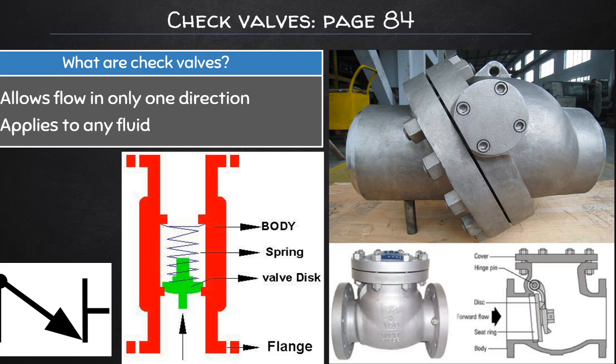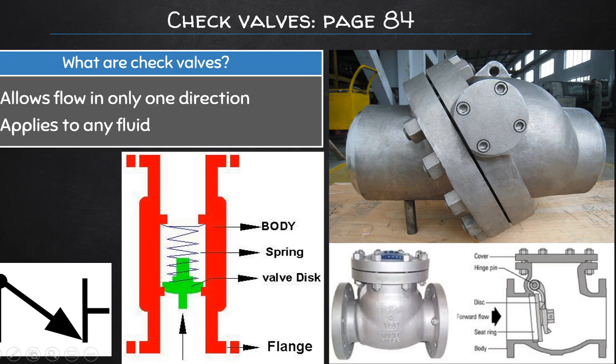Now, when designing pipelines, it is often important to ensure that the flow proceeds in the right direction. At times, it might happen that flow reverses when there is downtime, or there's a power failure, or the process simply goes offline. Check valves are generally used to ensure that the flow can only proceed in one direction, so there can't be any flow backwards into the system, and can typically be used for any type of fluid.